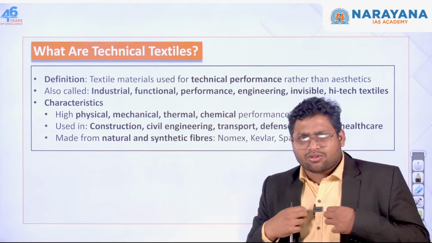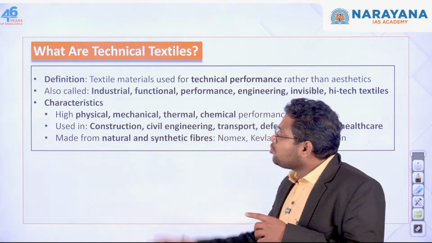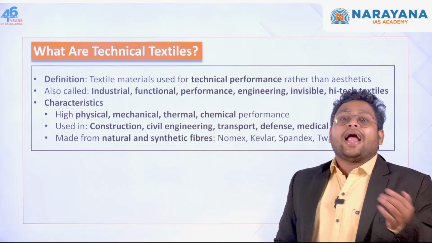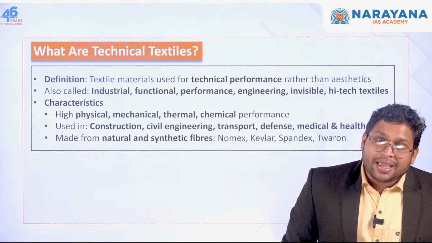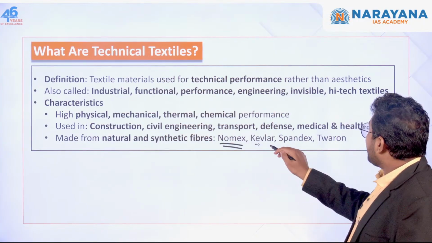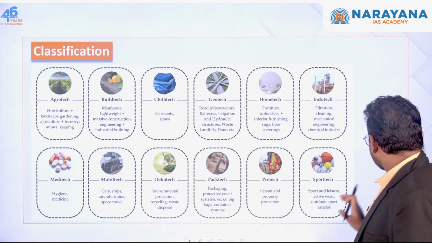Now to make such technical textile, we make use of fiber. Normal textile also, our clothes also, to make that we need fiber, right? So here to make technical textile, we make use of natural fiber also and synthetic fiber also, the fiber that we make in the laboratories. So examples are Nomex, Kevlar, Spandex, Twaron, all these are examples.